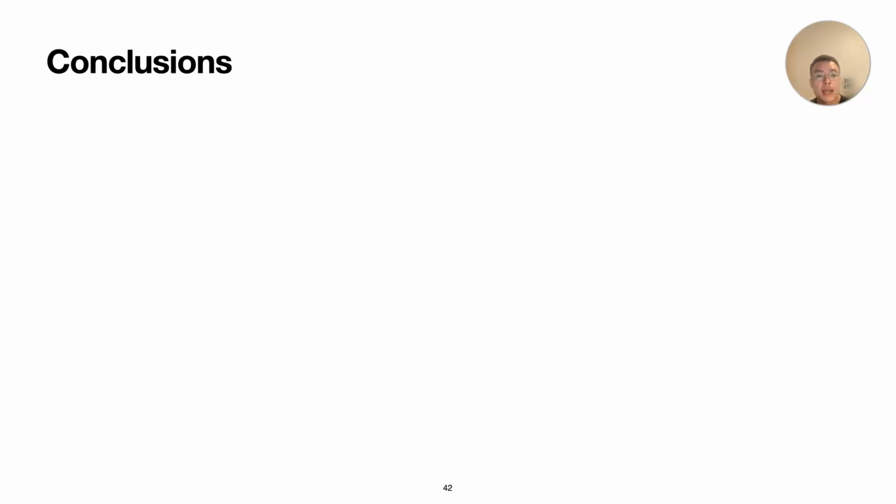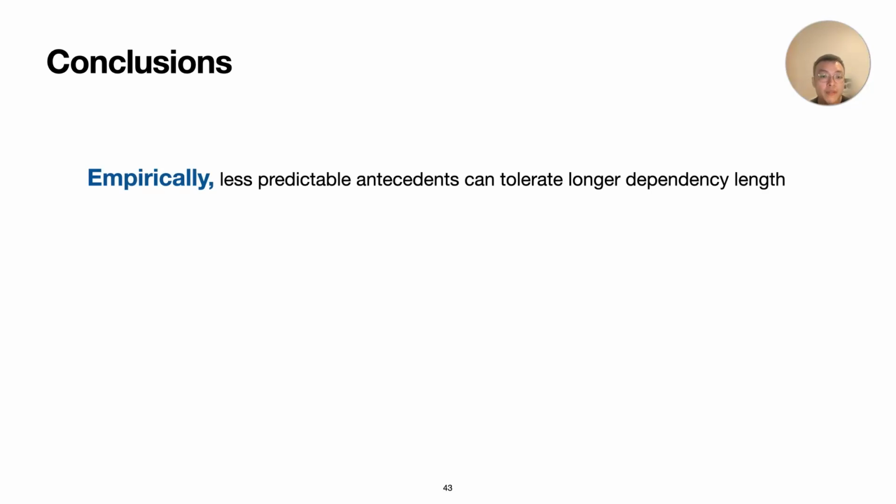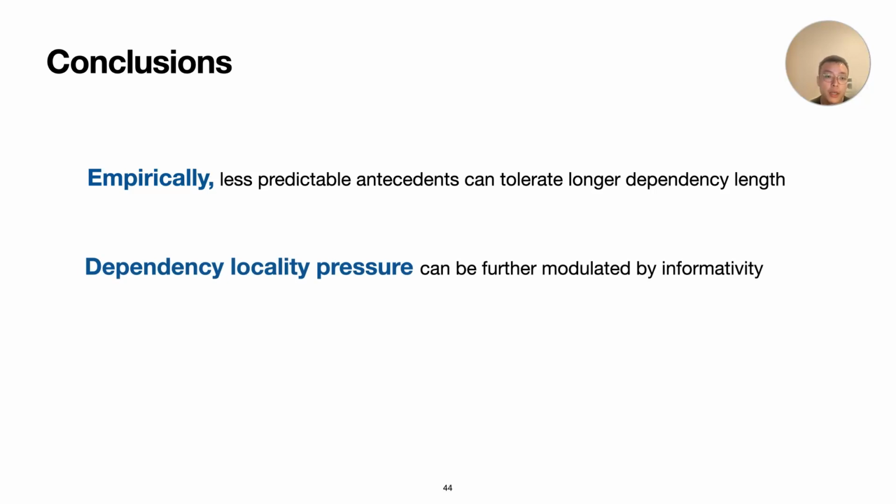Here are some key takeaways from the current study. First, we find empirical support for a positive relation between the length of a dependency and the surprisal of its antecedent. In terms of the dependency locality principle, this means that although there is a general pressure to minimize dependency length because of the working memory constraint, this pressure can be relaxed when the antecedent of the dependency carries novel and unexpected information.